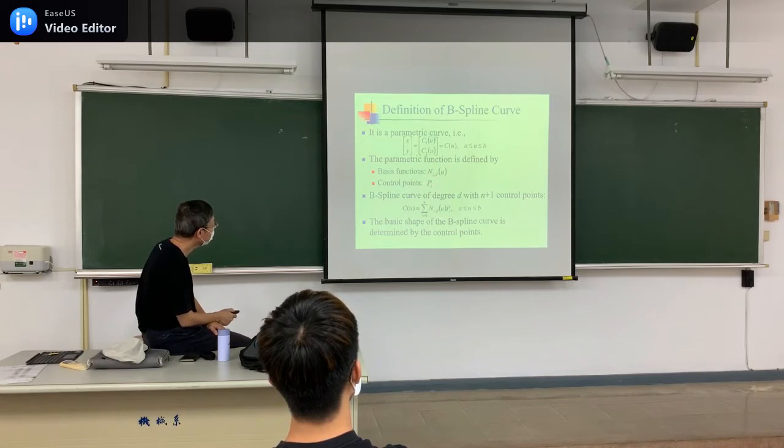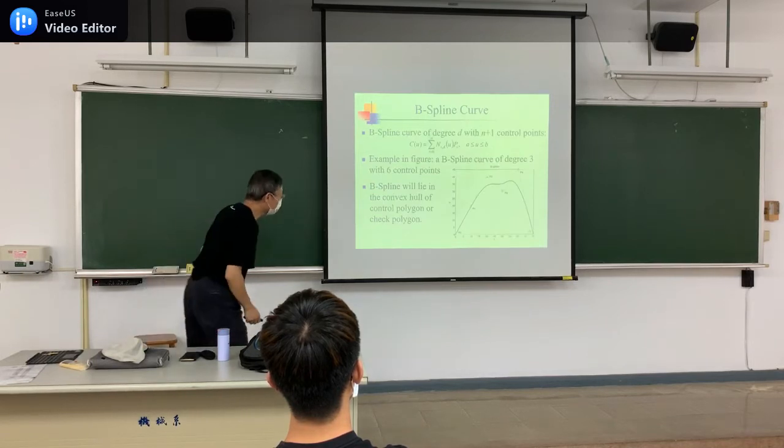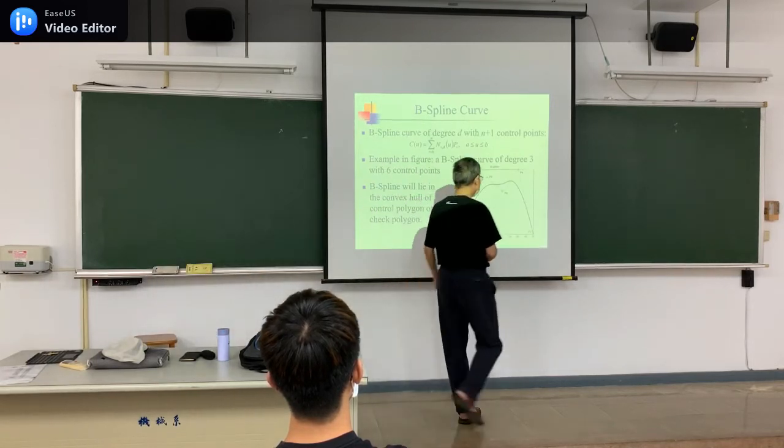So the definition is C of u, because this can be considered as the weighting for each control point. So the basic shape of the B-spline curve is determined by the control points.